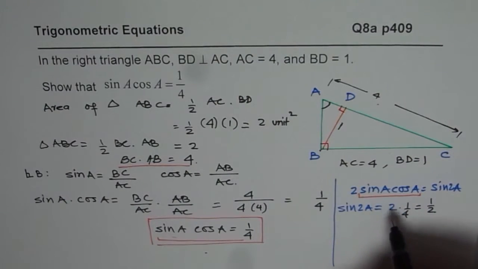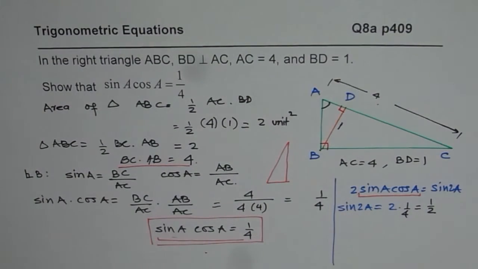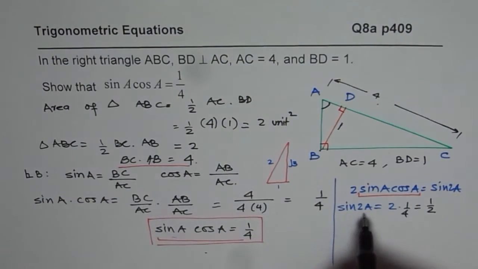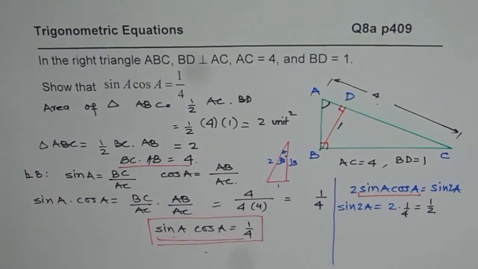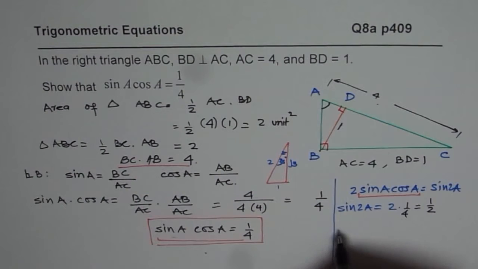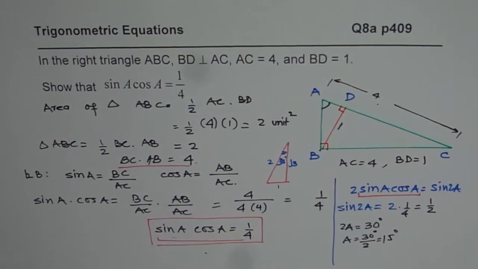You can always construct your 30, 60, 90 triangle, where the side ratios are 1, square root 3, 2. We are looking for sine to be half, meaning opposite over hypotenuse, so that is 30 degrees. If you're working in radians, it is pi by 6. So 2A is 30 degrees, therefore angle A is 30 degrees divided by 2, or 15 degrees. We get 15 degrees as the answer by application of the double angle formula.